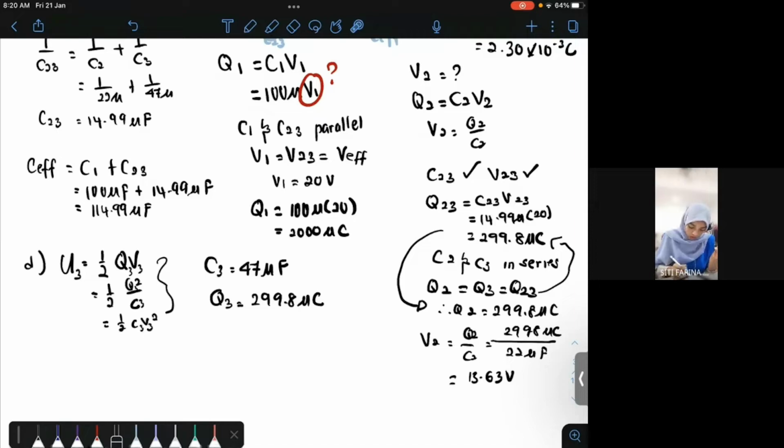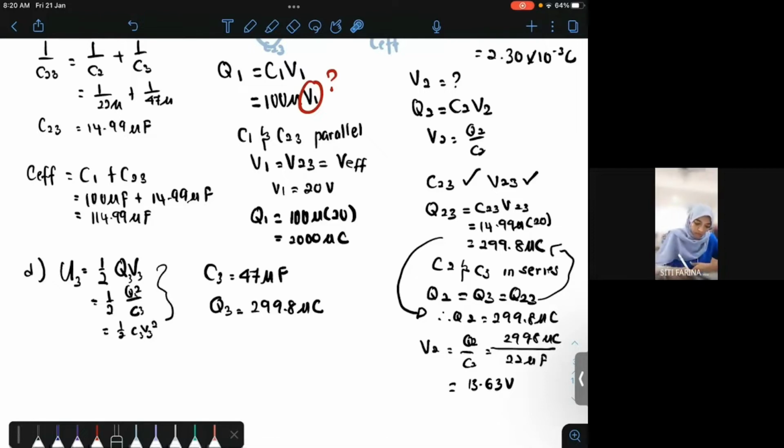Okay. Kita akan guna equation yang ini sebab kita ada Q dan juga C. Betul ke equation dia Q square over C? Half QV, V adalah Q over C, betul lah, Q square over C. Okay. So we'll be using this equation.